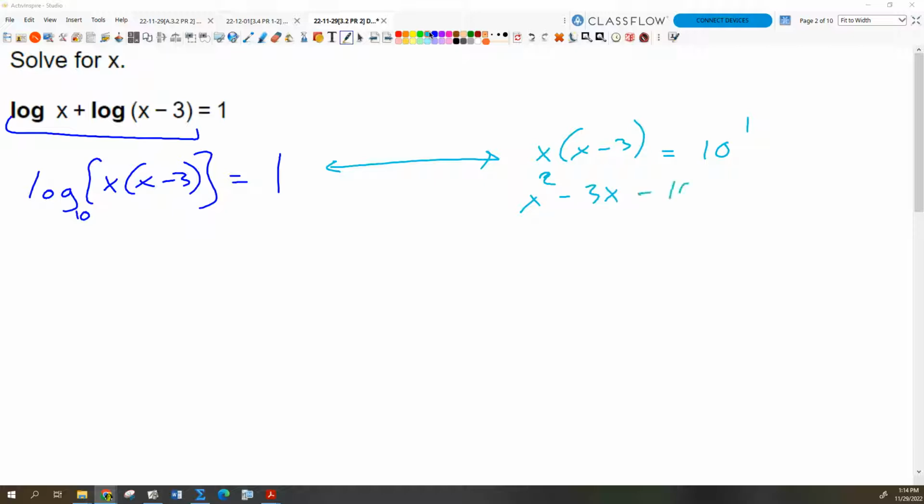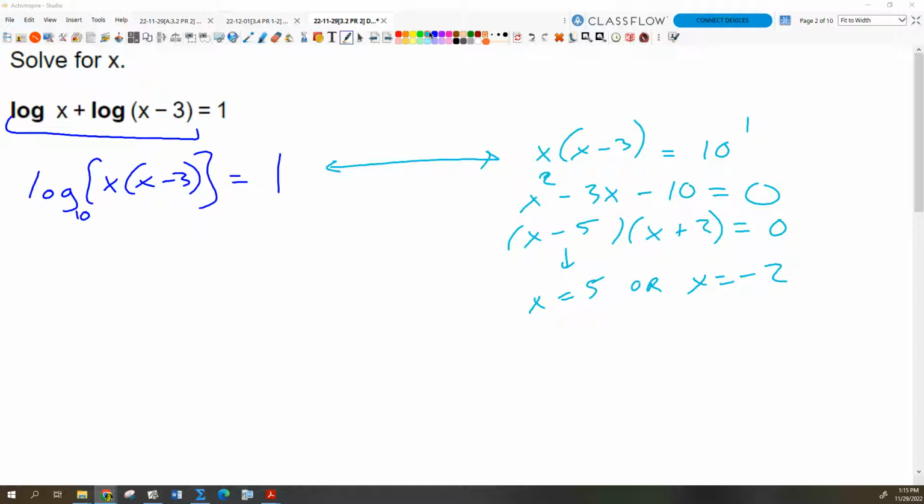If I subtract the 10 to that side, I've just got a quadratic equation in standard form. How would I solve that? Factor, yeah, this one factors, doesn't it? What are my magic numbers here? So if I solve, I get either x equals 5 or x equals negative 2.